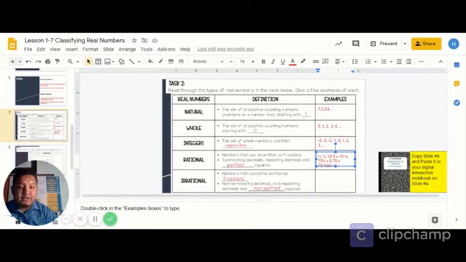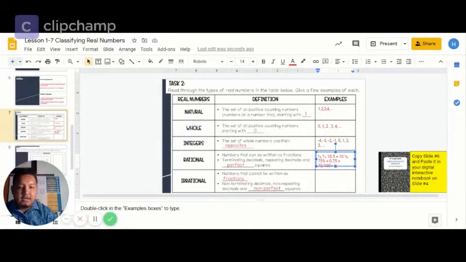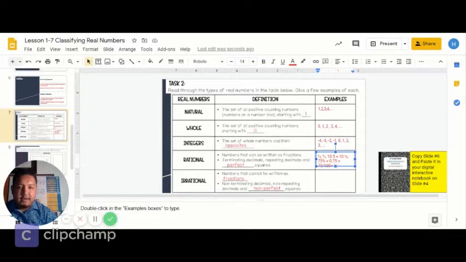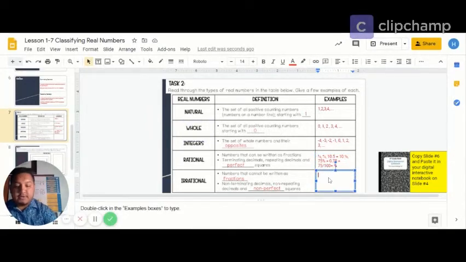Now, irrational numbers. Irrational numbers are numbers that cannot be written as fractions. So these are numbers that have a decimal with digits that don't repeat and don't terminate. For example, the number pi.